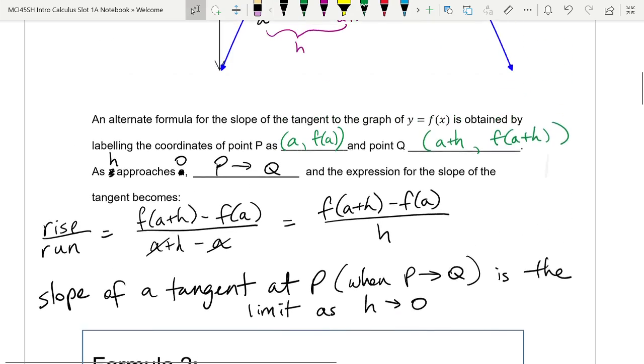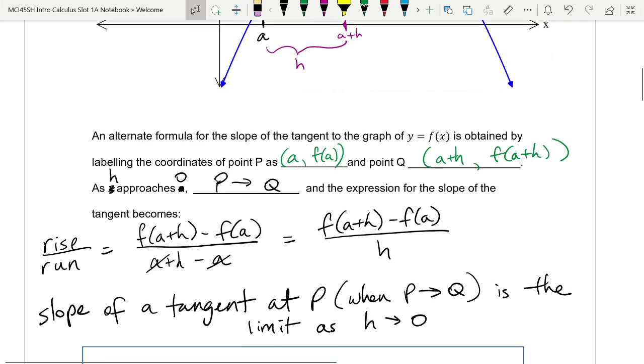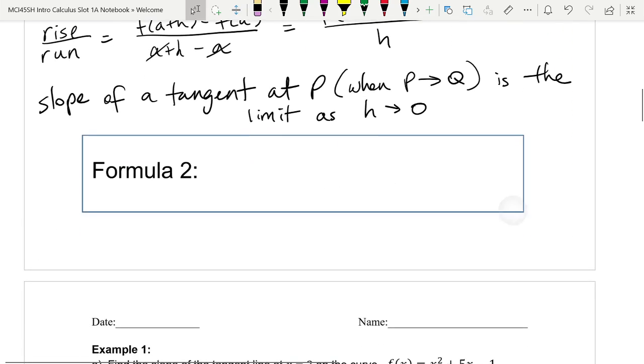In other words, as this distance from here to here becomes infinitely small, and the two points become basically the same place. So Formula 2 is the limit as h approaches 0 of what is essentially the slope formula, but written as a rise over run.